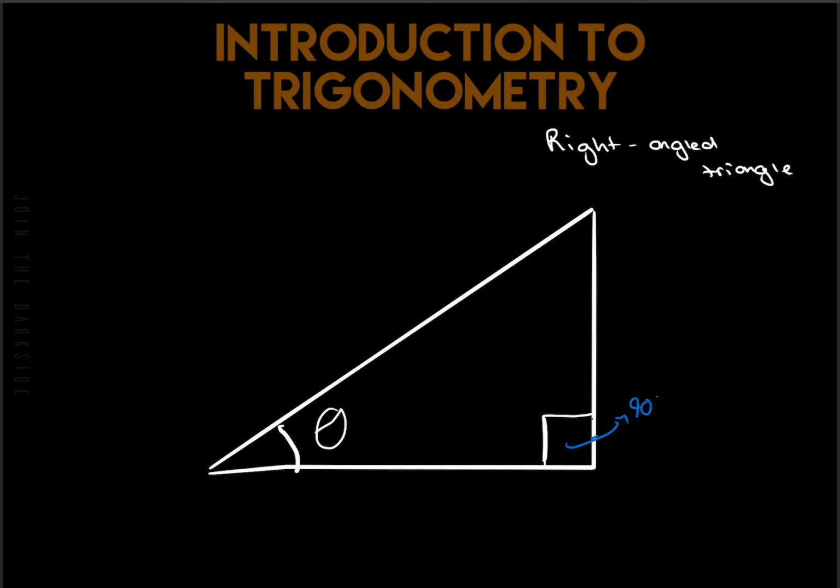You're looking at this right angle triangle and you're probably wondering, what is this symbol here? This is called theta. Theta is a Greek symbol that denotes an angle. So we use theta to denote an angle.